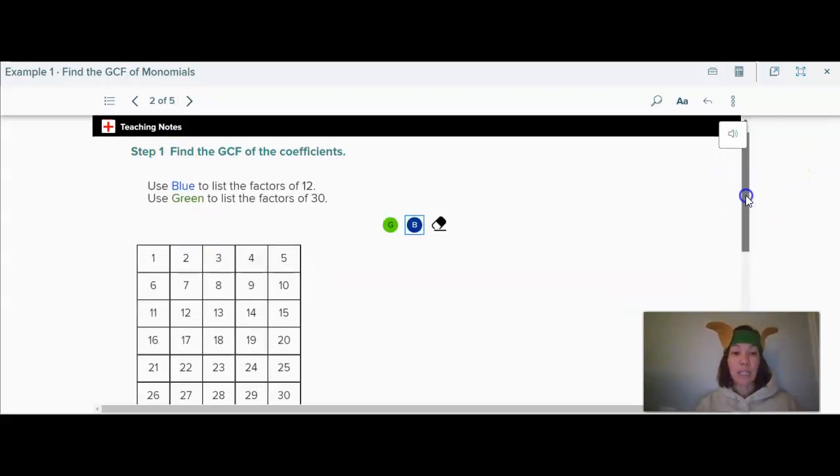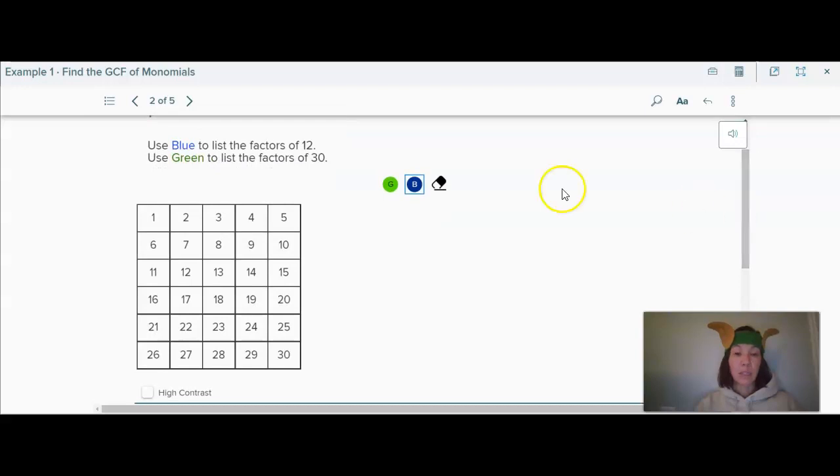If I want to find the factors of 12, well, let's use blue to find the factors of 12. 1, 2, 3, 4, 6, and 12 are factors of 12, right? 1 times 12, 2 times 6, 3 times 4. Factors of 30 would be 1 times 30, 2 times 15, 3 times 10, 5 times 6, and I think that's it. So now, what do they have in common?